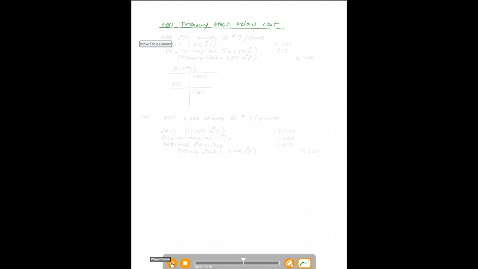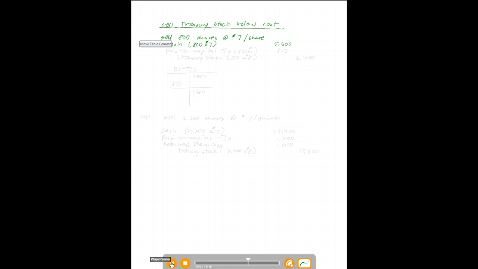Okay, the next scenario is we're going to sell treasury stock below our cost. So we're going to sell 800 shares at $7 a share. Let's say this is on October 1st. So we would debit cash for 800 times $7, 5,600, and we're basically having a loss of $1 a share because we paid $8 and we're only selling it for $7.